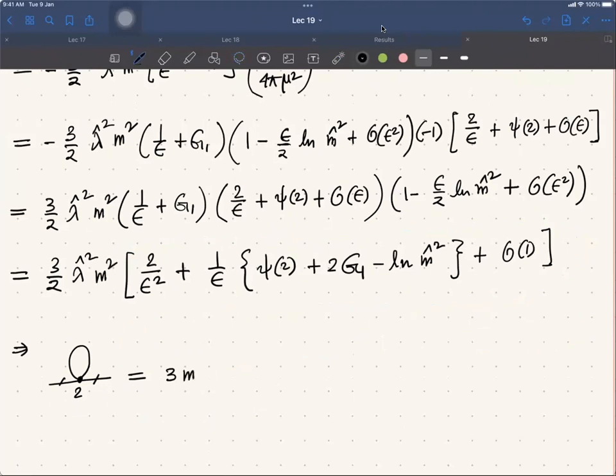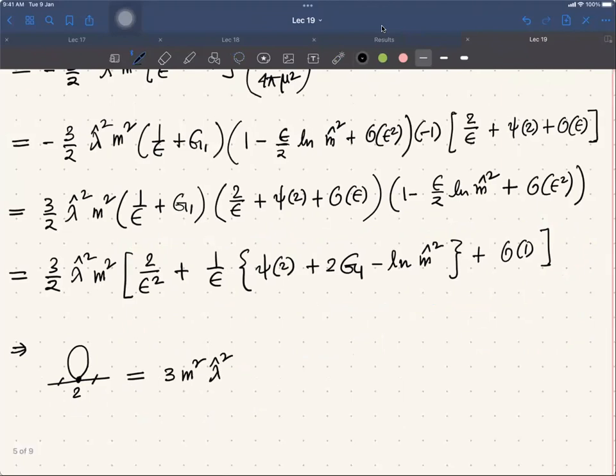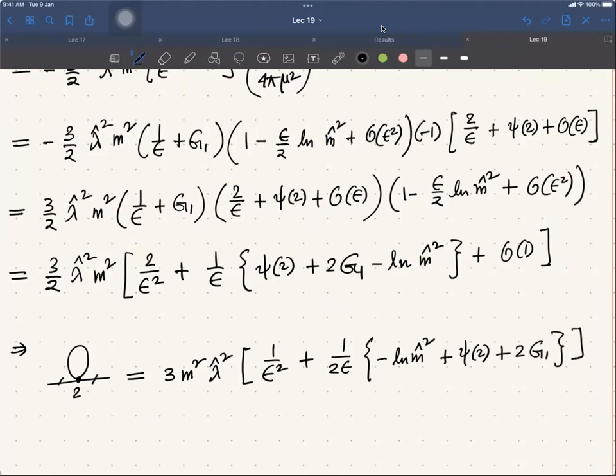Then it's 3 m squared lambda hat squared times 1 over epsilon squared plus 1 over 2 epsilon times minus log m hat squared plus psi 2 plus 2 G1. So this is the result.